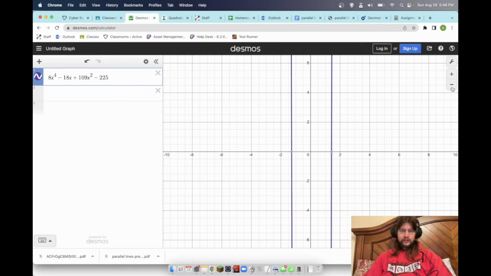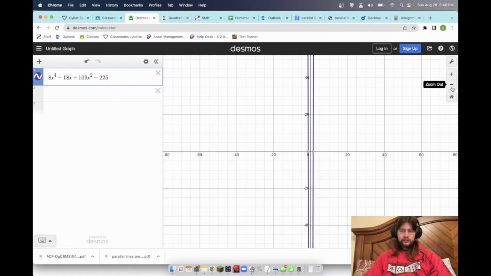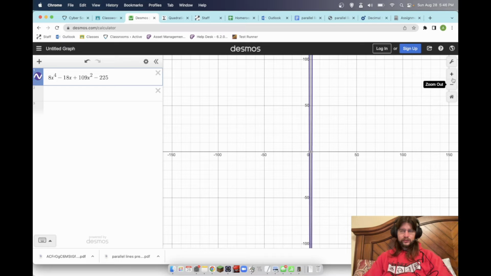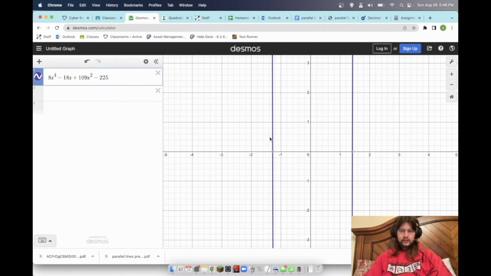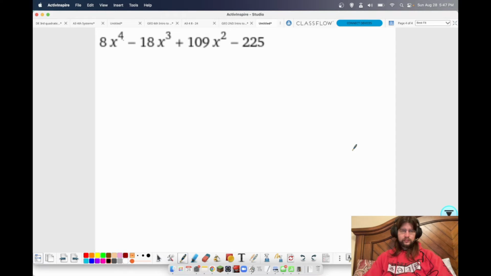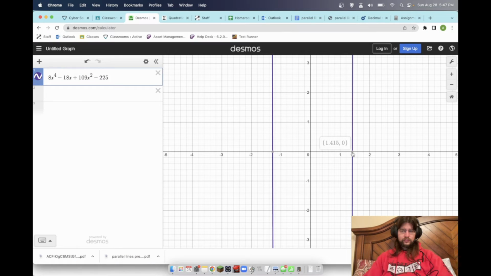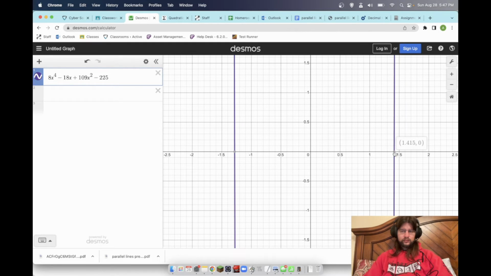Alright, and let me zoom out. I should see 4 places where it crosses. Let me see 2. Okay, I guess we have 2 more imaginary solutions. That's fine. I might have to check this one, guys. That's odd.